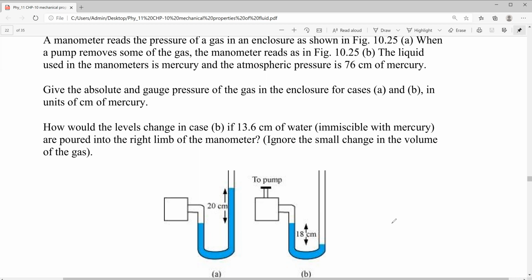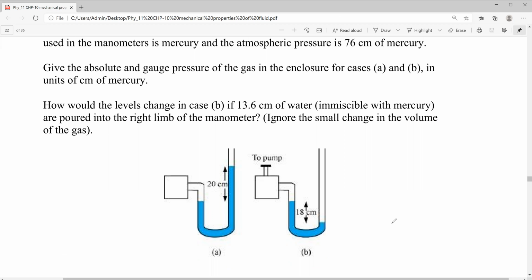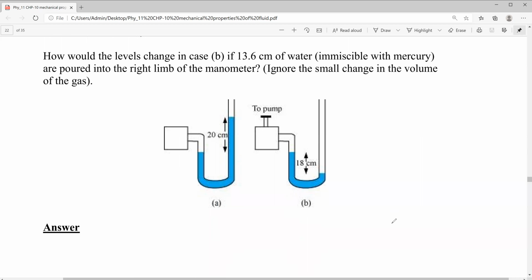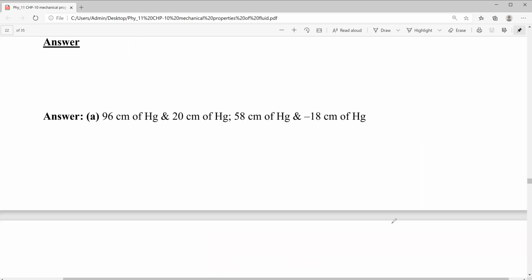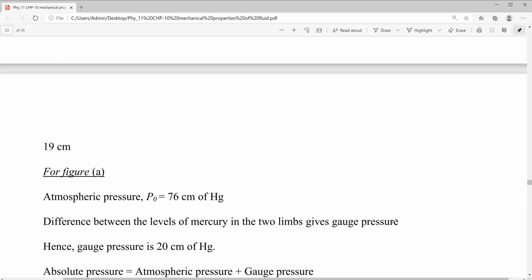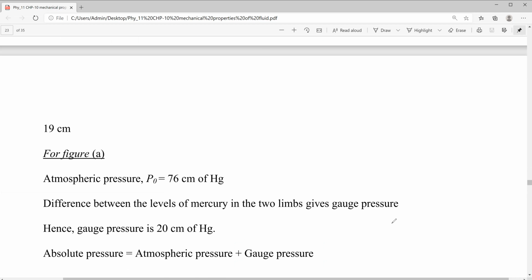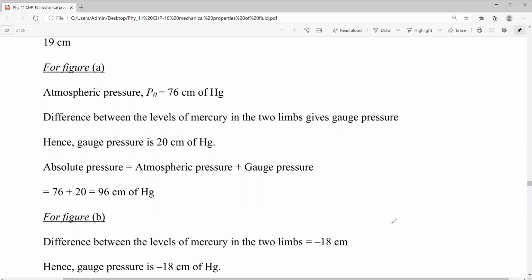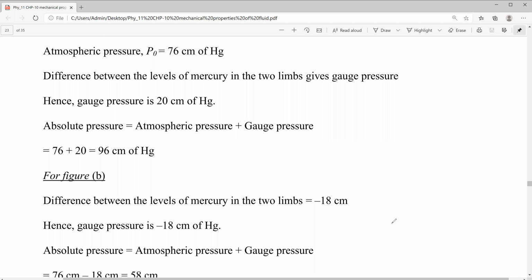Here, see the diagram. From the two diagrams A and B, from figure A, the atmospheric pressure P naught is given, that is 76 centimeter of Hg.